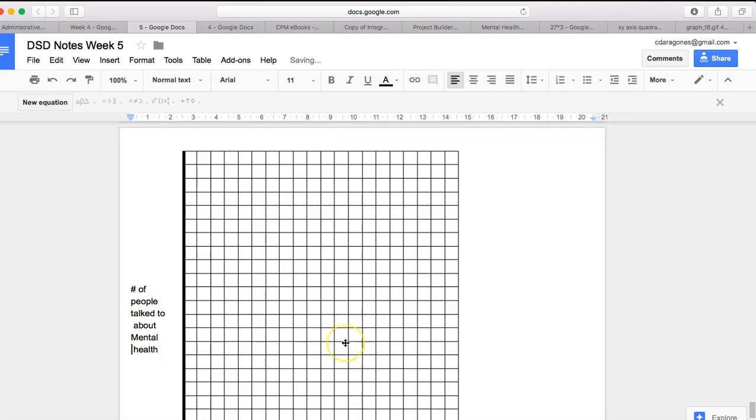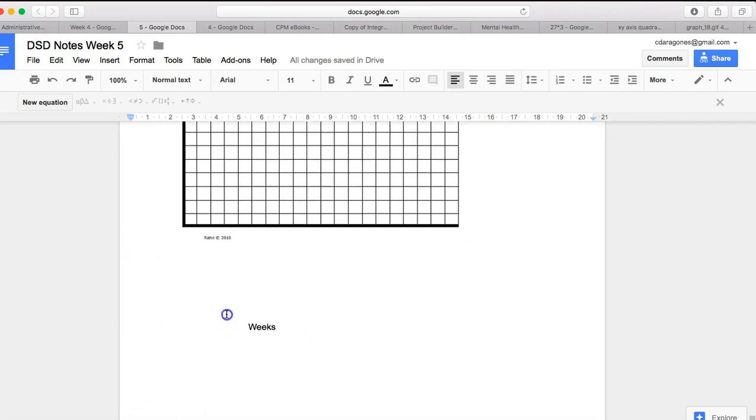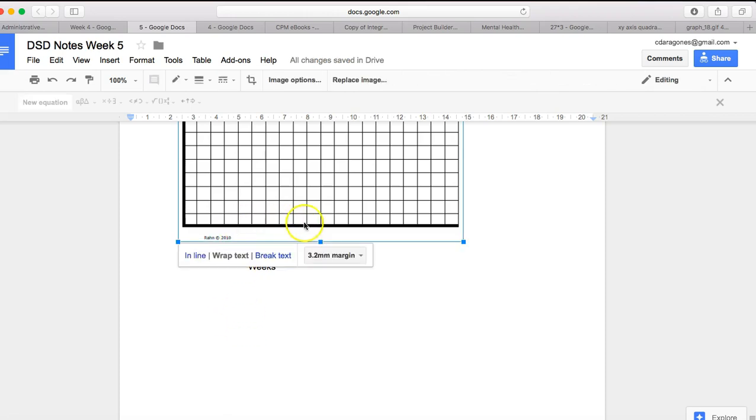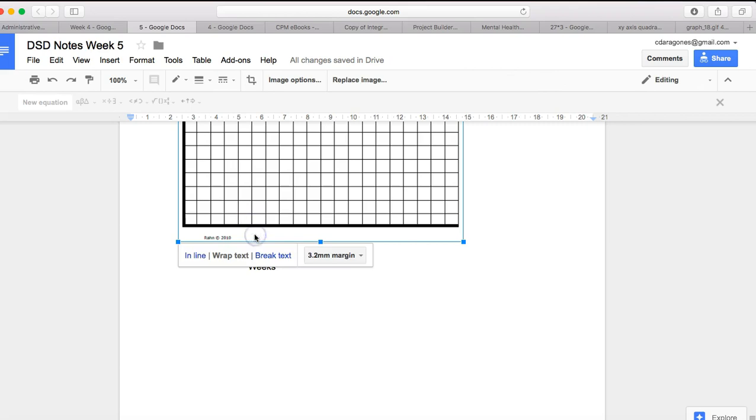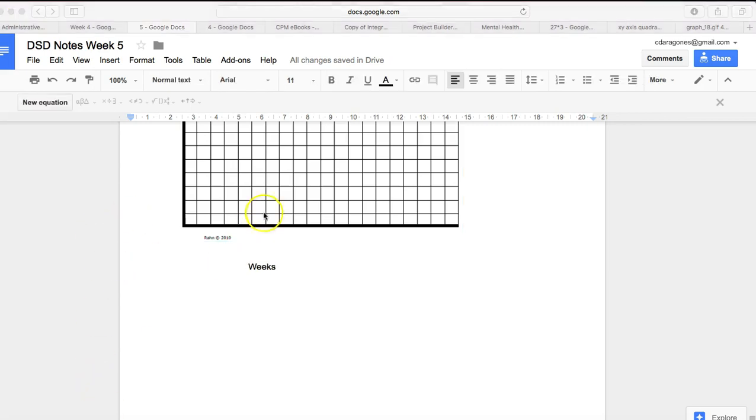Okay. So the number of weeks only goes up to 4, so I'm gonna make every 5 tick marks 1. 1, 2, 3, 4, 5. So there's 1 week.